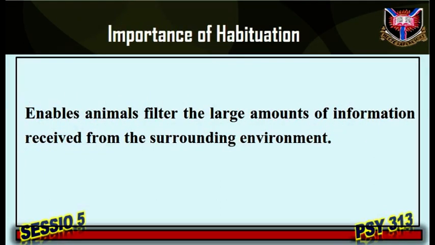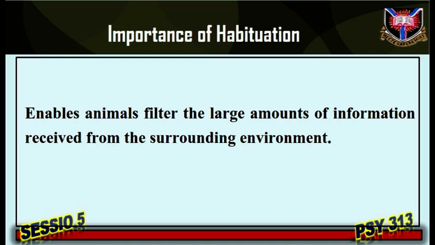Importance of habituation. Habituation is considered very important, particularly because it enables animals to filter the large amount of information received from the surrounding environment. Animals, like humans, are exposed to a large amount of stimuli daily as they go about their daily activities in their environments.